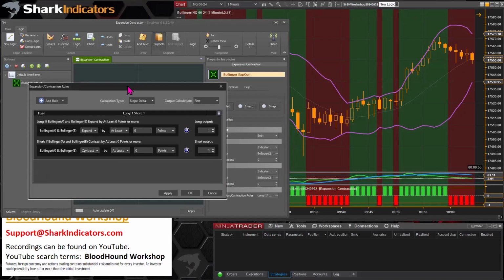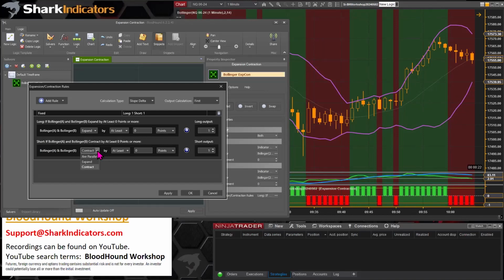So from that standpoint, you're most likely always going to want to open up the rules window here and decide what you are actually trying to identify. Is it expansion, or are you trying to identify contraction? So let's say we want to identify expansion. Well, we can see the long output, as I just explained, by default is identifying expansion, but the short is identifying contraction.